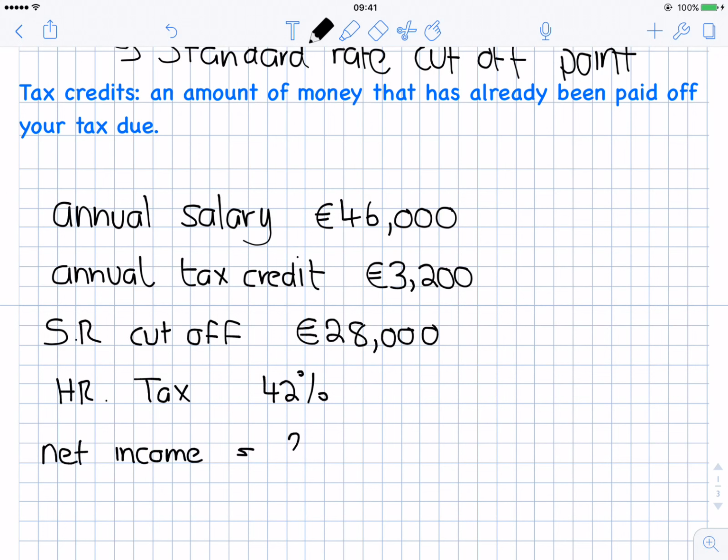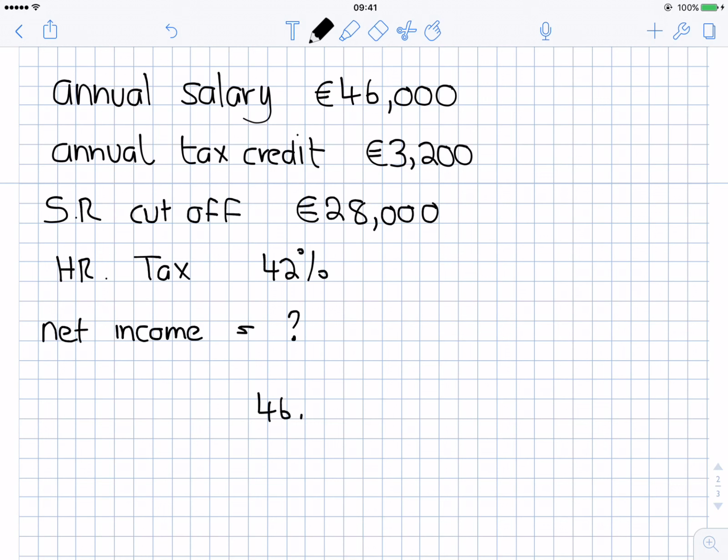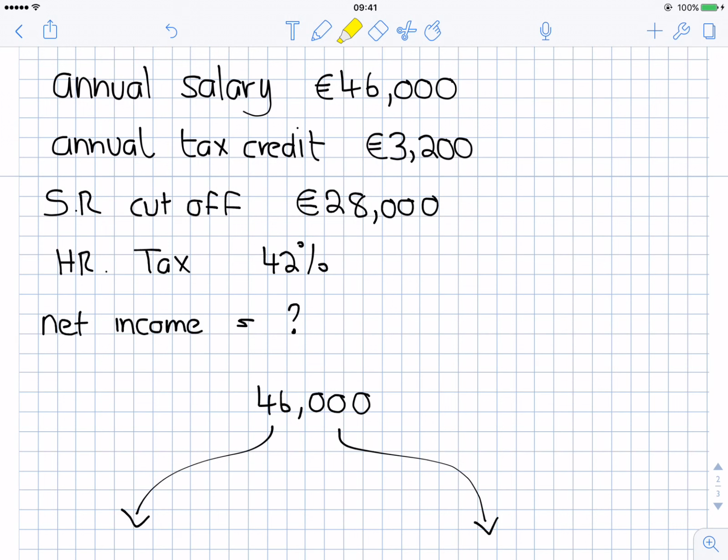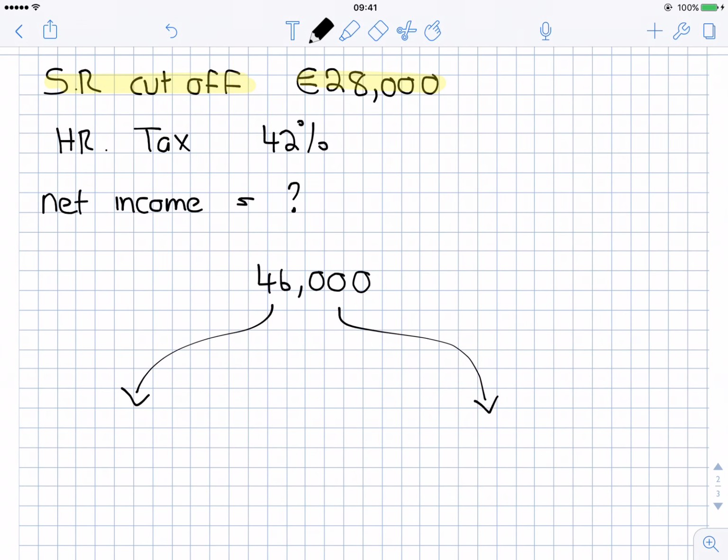Alright, so the way we'll start this is we look at her €46,000, and we know that that's split up into two amounts. The amount that will be charged at the lower rate of tax and the amount that will be charged at the higher rate of tax. So remember, €28,000 was the standard rate cut off, so she will pay at the lower rate on everything up to €28,000.